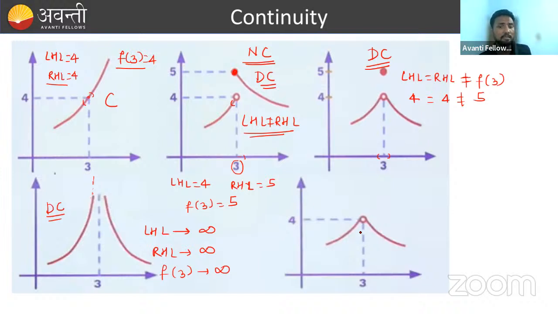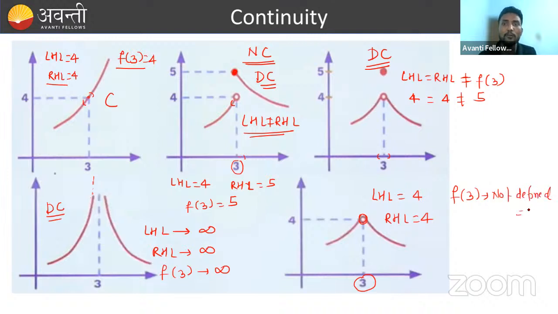And here you can see LHL equals 4, RHL also equals 4, but when we talk about f of 3, there is no value. It means f of 3 is not defined. By looking at the graph, you can't find the value of f of 3. Here there was a value, but here there is no value, right?